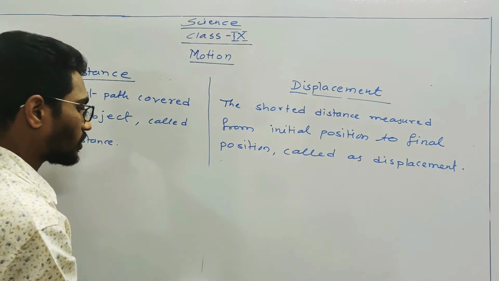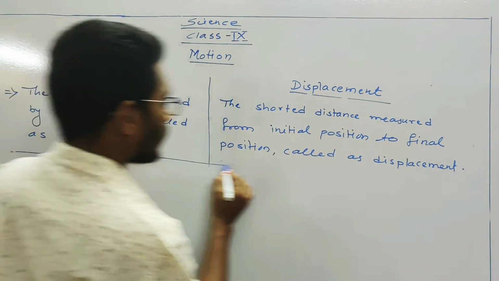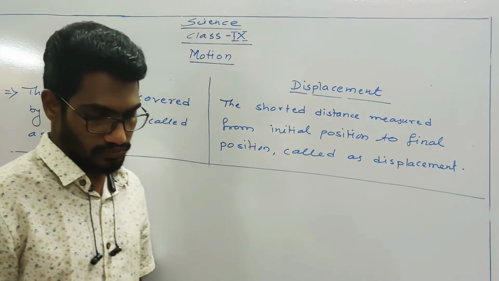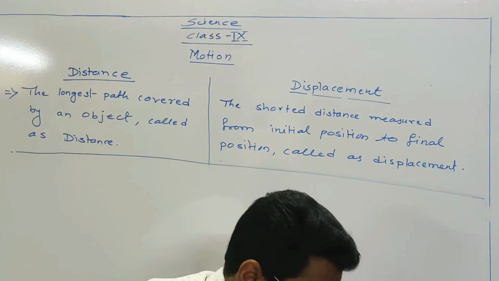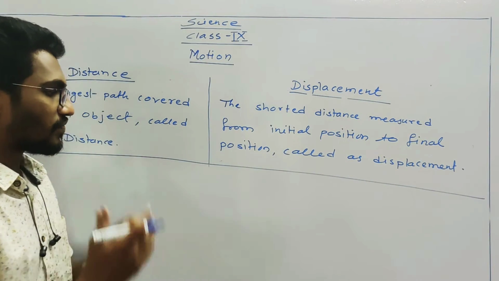These are the definitions of two different physical quantities, distance and displacement. We'll take one numerical to explain these particular quantities in a very specific manner.